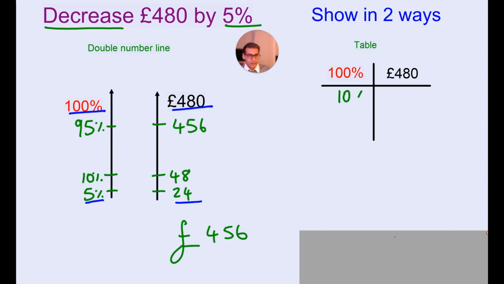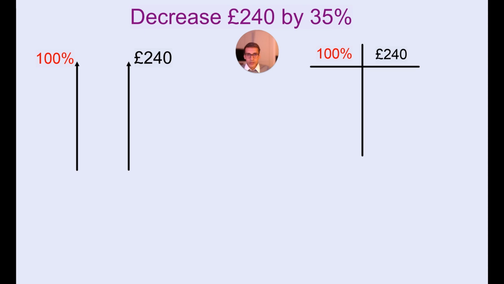We're going to work out 10%, which is 48, 5%, which is 24, and then 95%, which is 100% take away 5%, or 480 take away 24 is £456. Okay, let's try another example. Have a go at this. Try both representations. Pause the video, and I'm going to show you the answers in 3, 2, 1.